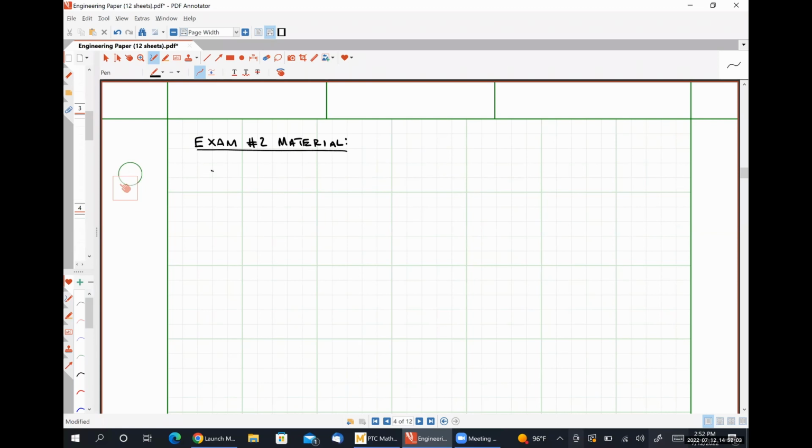So the first thing will be Norton equivalent circuit without dependent sources. This will be 2 to 3 problems.